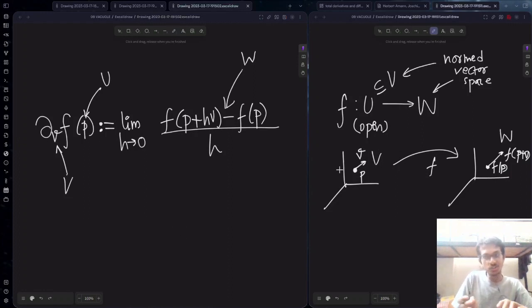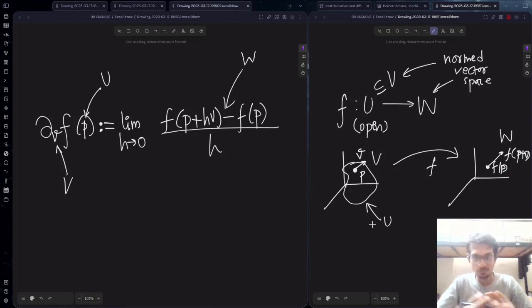V can be any direction in the vector space V, but P has to be in the domain. This is U. And because it's open, I can go in any direction. That's the reason we need open domains for differentiability to work.